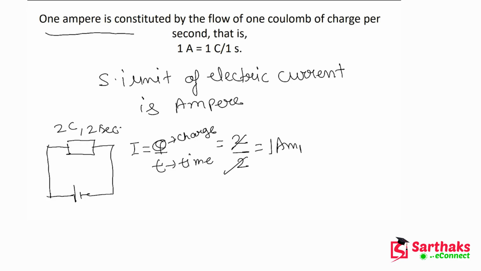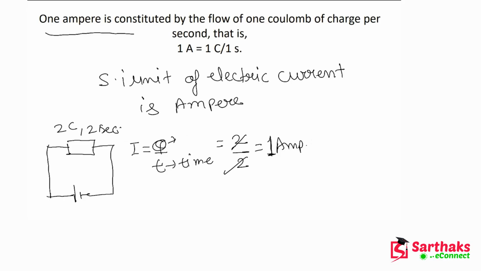So it means 1 ampere. You will not only write 1, you have to write it with its unit, so it is 1 ampere. Okay guys, I hope you got my point. The unit of current is ampere.